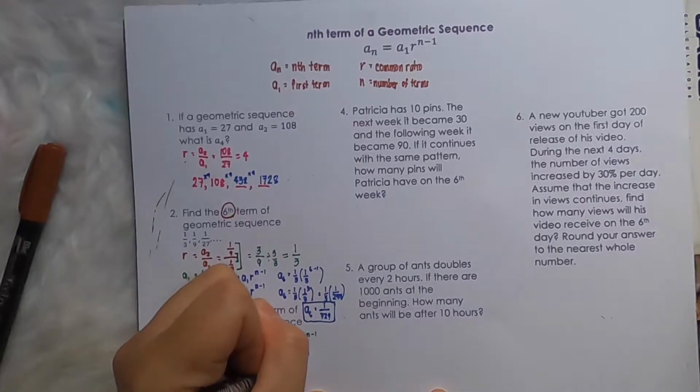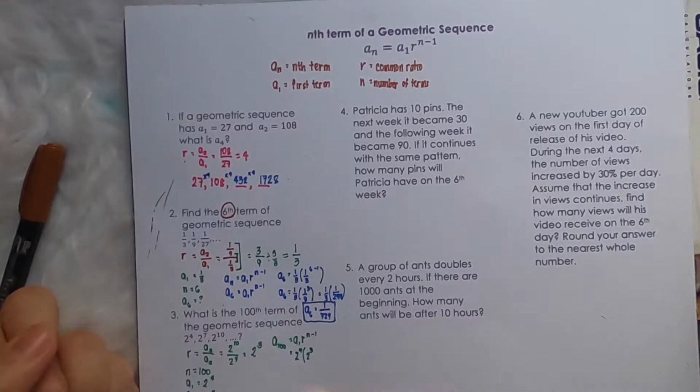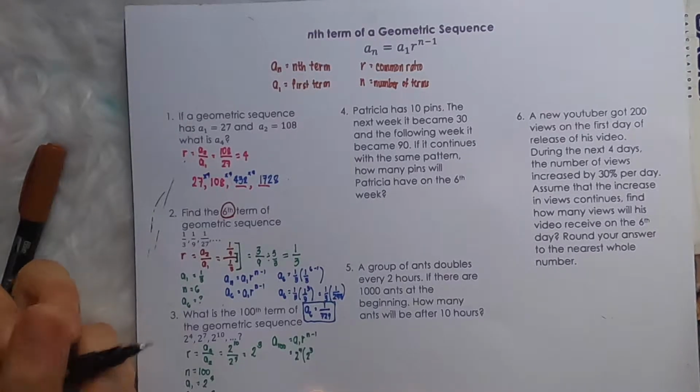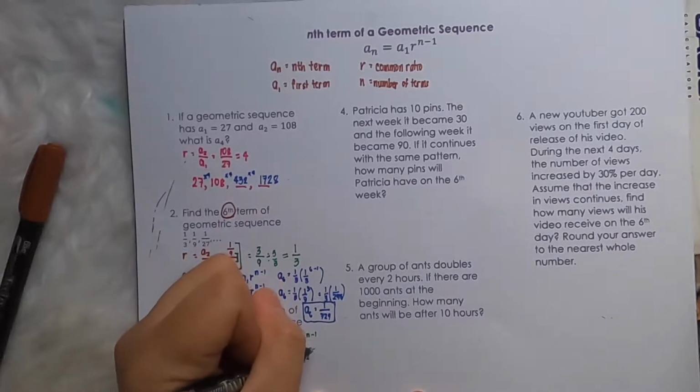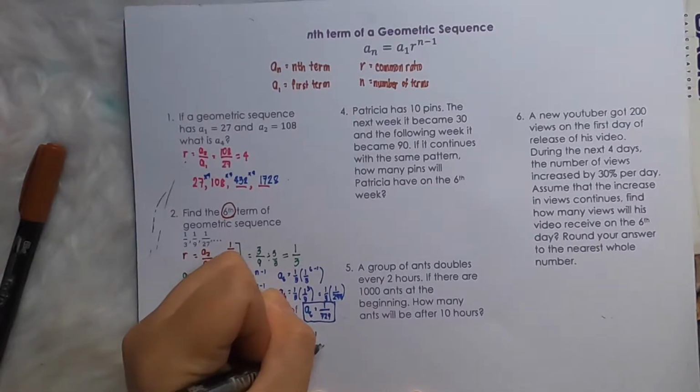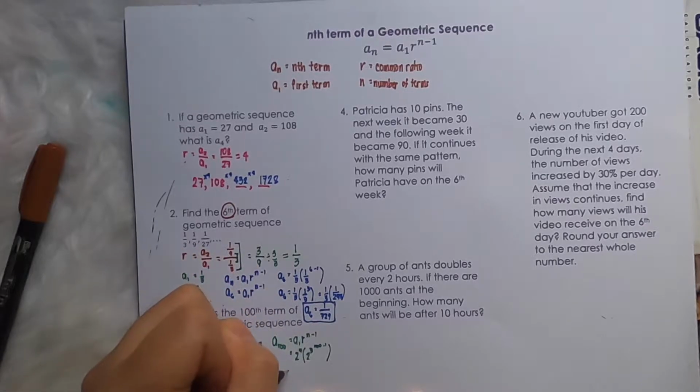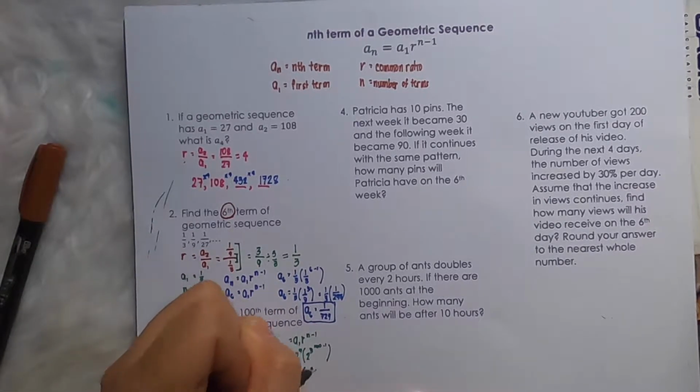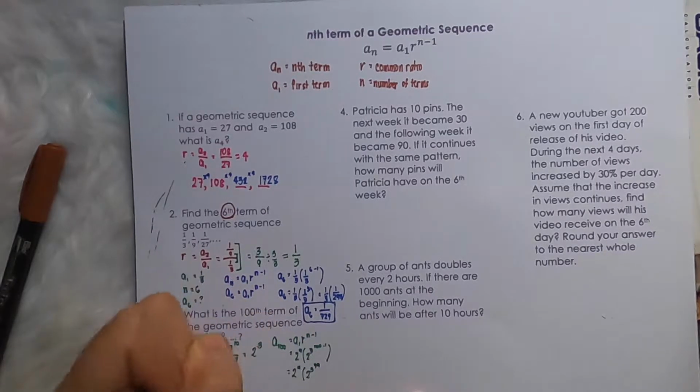R is 2 cube raised to the power of 100 minus 1. Yes po, magiging exponent of an exponent po ang ating problem. So, unahin po muna natin yung exponent of exponent. You have there 100 minus 1, which is 99.